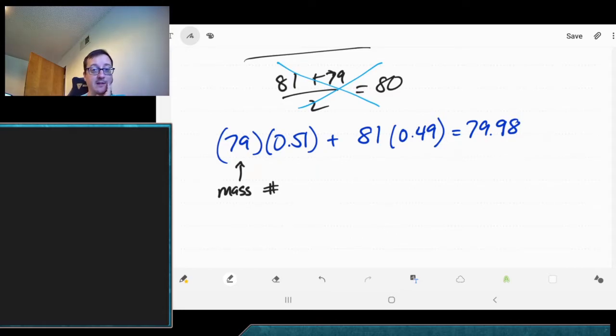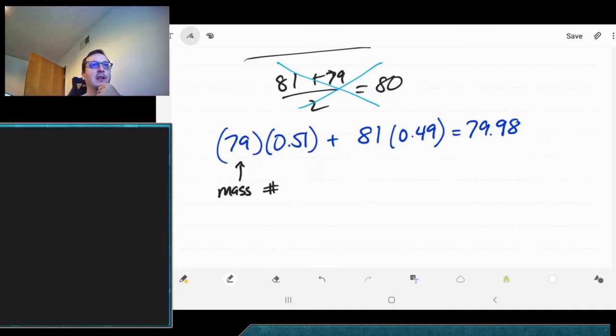This isotope must have, I can do this math, 79 minus 35, 44 neutrons. The other one has 46 neutrons. These are mass numbers. And those are exact numbers because we're counting numbers of protons and neutrons. You can't have half a neutron. They come as discrete numbers.